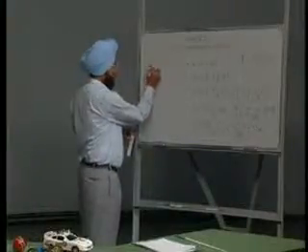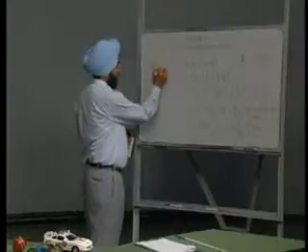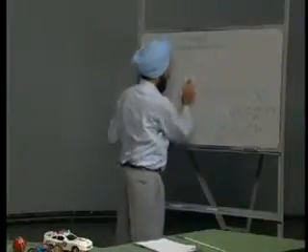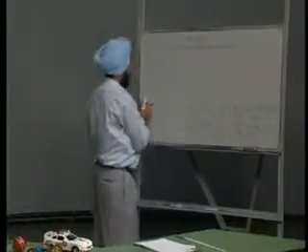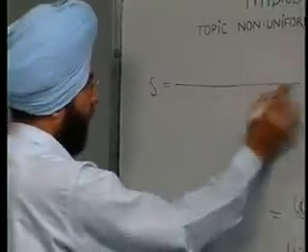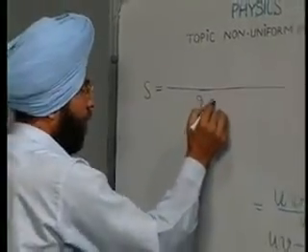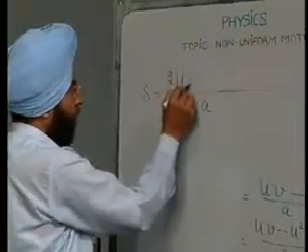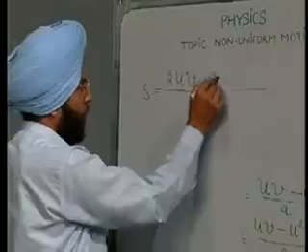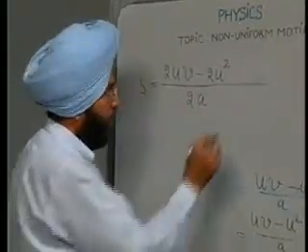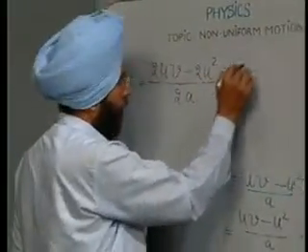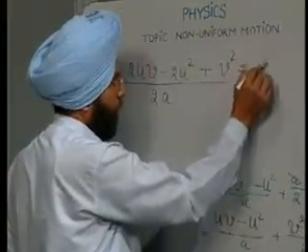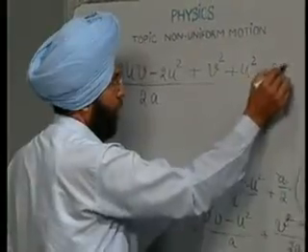So, s is equal to, we take 2 a as LCM. So, we have 2 u v minus 2 u square plus v square plus u square minus 2 u v.